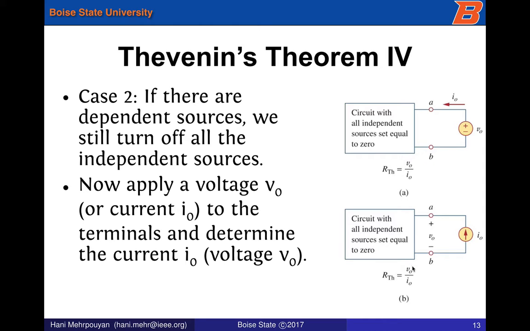In the first case you know what V0 is, you just need to find I0. In the second case you know what I0 is, you just need to find V0. The reason you need to do this is because the dependent sources generate voltages that depend on different parameters, so you have to apply the test voltage.